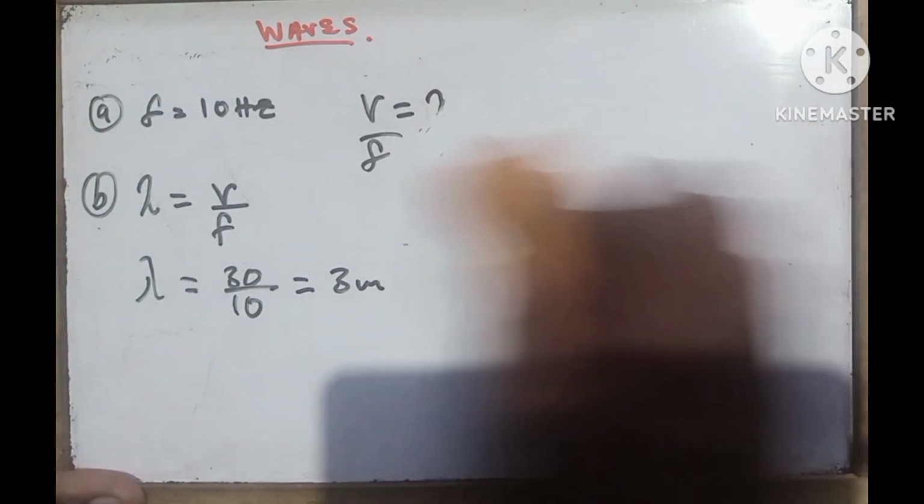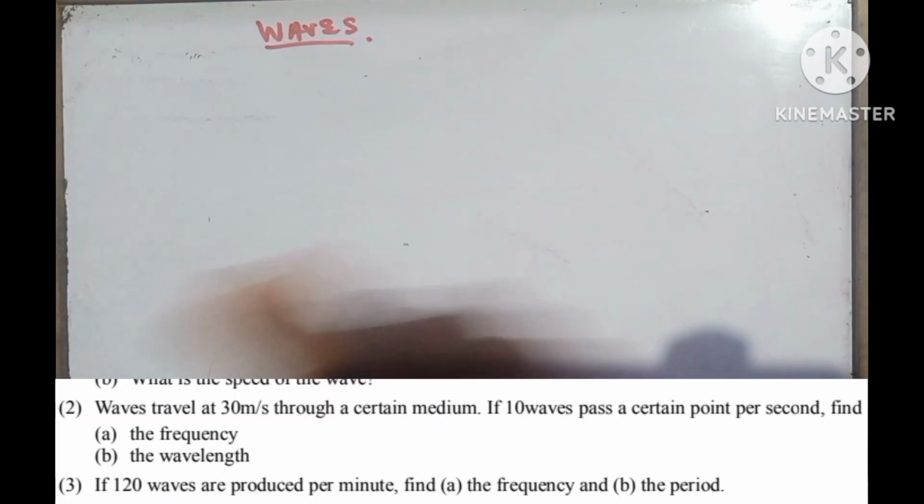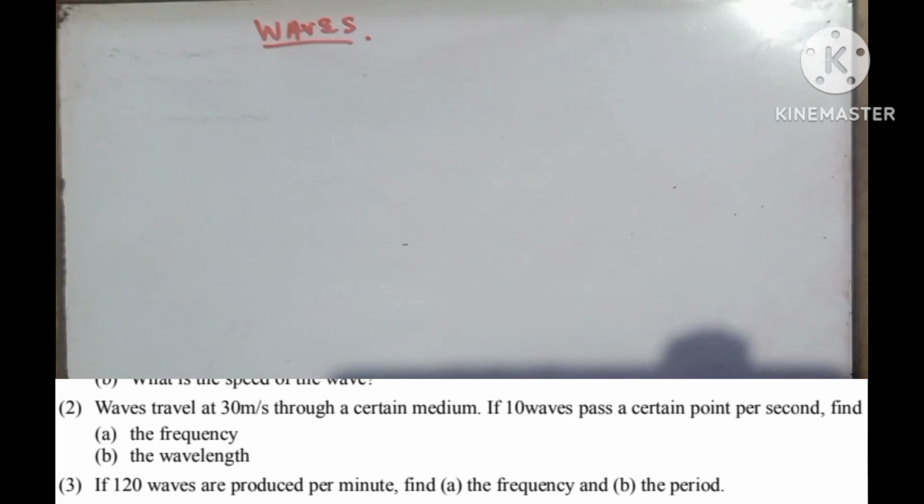So question 3 is saying, if 120 waves are produced per minute, find the frequency and the period. So part A is talking about the frequency.